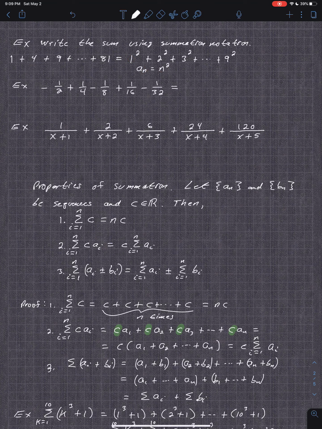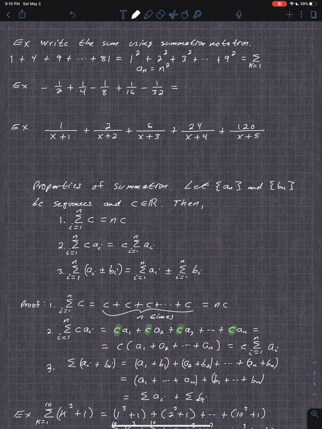So you say that this is equal to the sum as, and we'll use k here, because that's the index that runs from 1 to whatever value you would need. So this is k goes from 1, and then what gets you that 81?